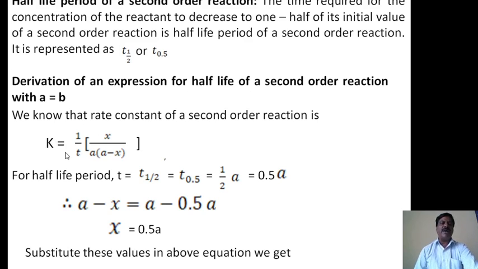From that equation, for half life period t is equal to t half, or we can write t 0.5, this is half of its initial value, means a divided by 2, that is 0.5 a.